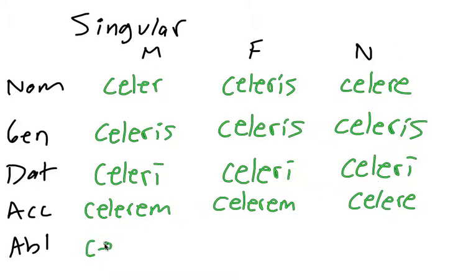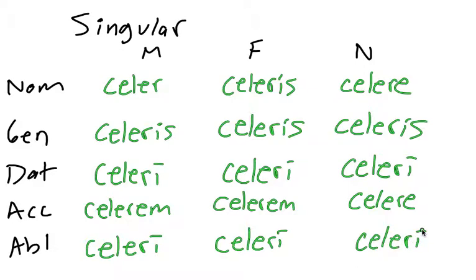Okay, ablative, celeri. Okay, that's a change. So adjectives always have an I in the ablative singular for third declension. Celeri and celeri. Okay, so that is the singular for a third declension adjective that's three termination.